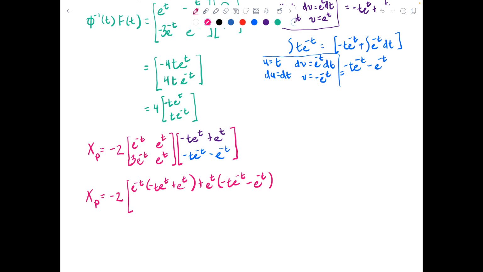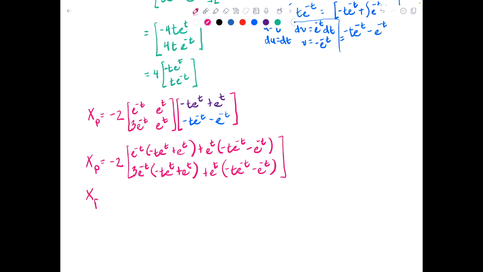And then for the second entry below, we'll have 3e to the negative t times quantity negative t e to the t plus e to the t, and then plus e to the t times negative t e to the negative t minus e to the negative t.